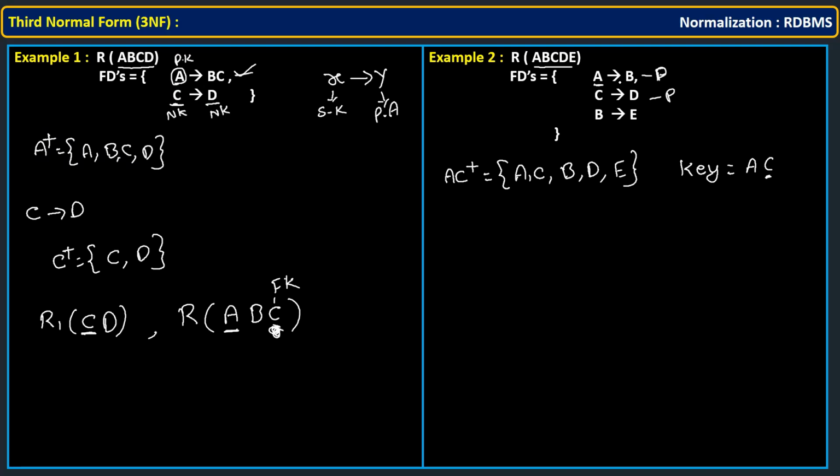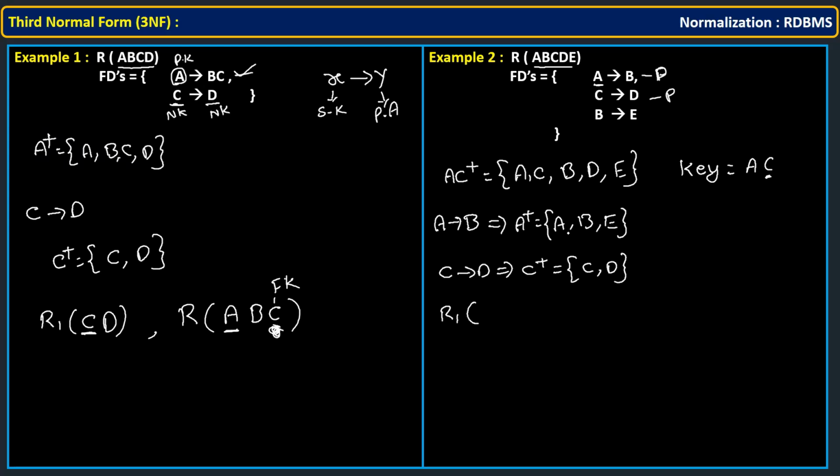Whatever the partial functional dependencies are, let us take first A to B. Find the A closure. If you find the A closure, A and then B we are getting, and B derives E. So this is one, and another one is C derives D. Let us take that also. That means the C closure, the partial dependency: if you find C, then D. Now relation R1 is going to become ABE, and this is the primary key.